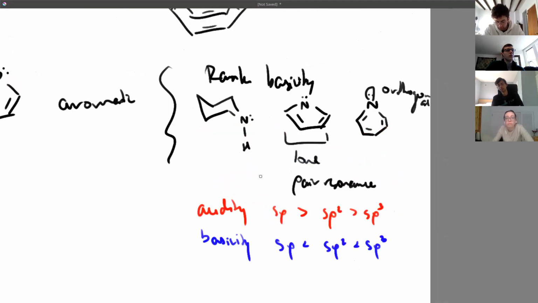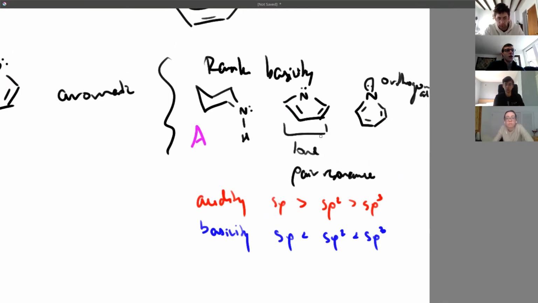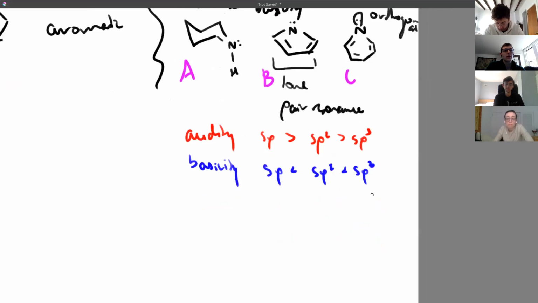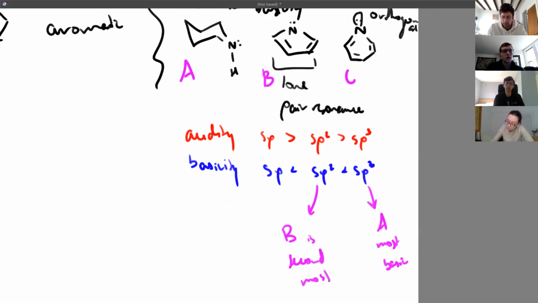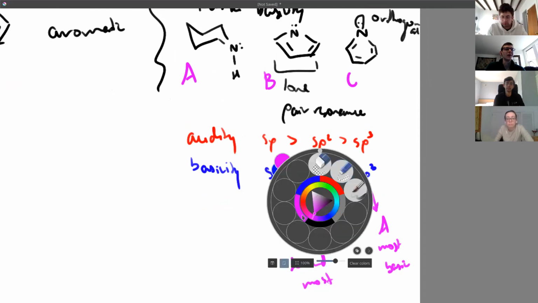So if we mark these, let's make this A and this B and this C. This means that A is most basic, and then B is second most basic. I thought we were saying that C is the... Sorry, yeah, C. I had them out of order.